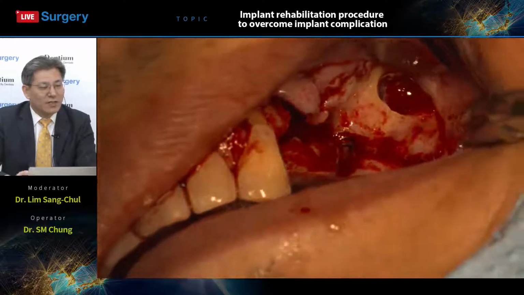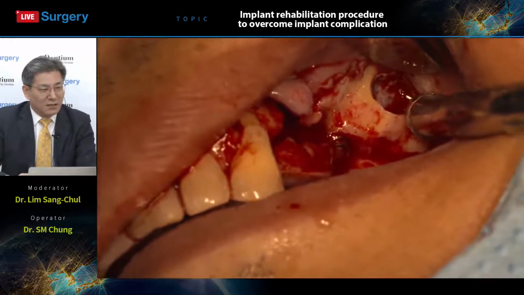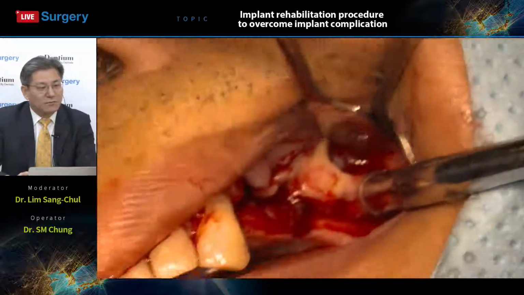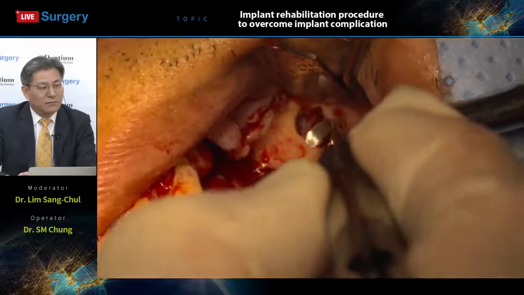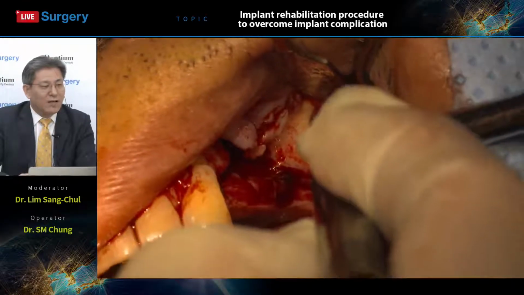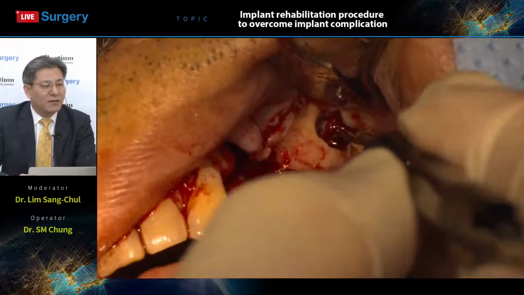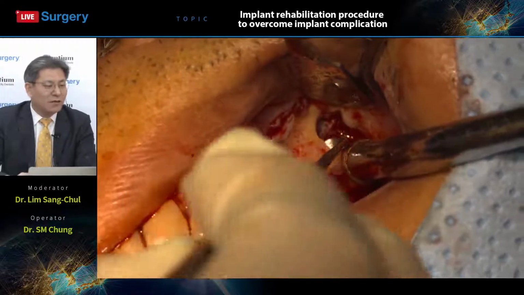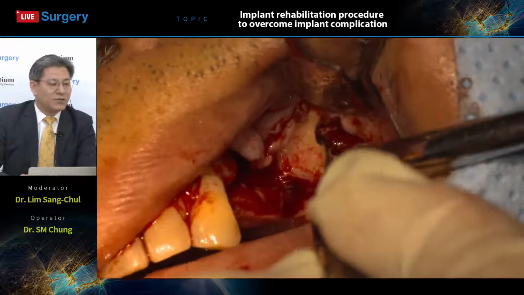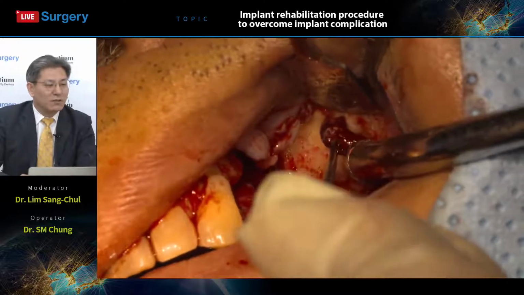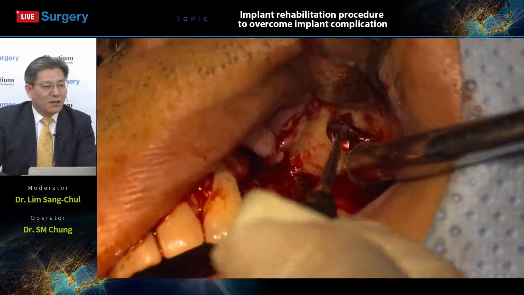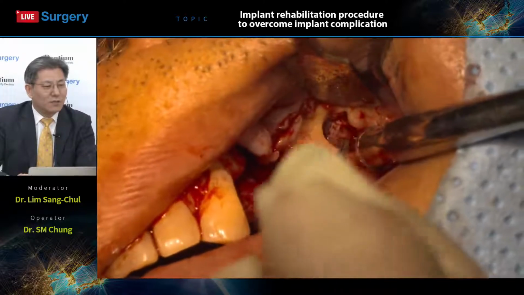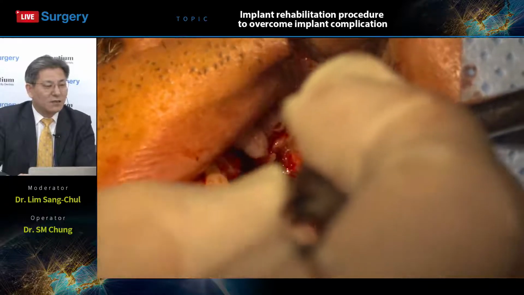So when you are using this elephant foot, okay, detach the sinus membrane from the lateral wall, and it is easy to separate the sinus membrane from the lateral wall. Okay, he changed to another instrument for detachment of the sinus membrane.